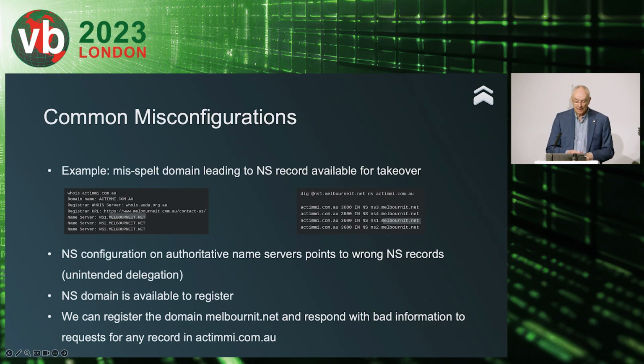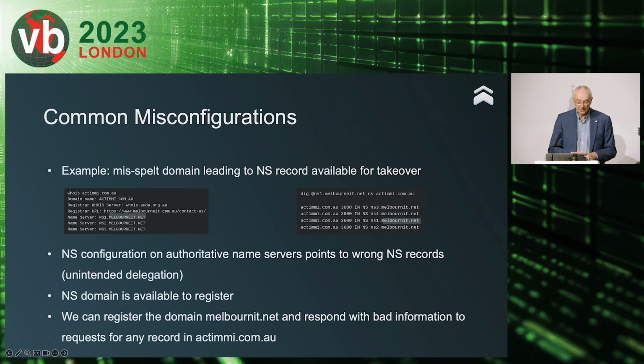It's actually actimi.com.au, because that's using those name servers as host for their domain zone. So name resolution traffic for actimi.com.au is very likely to end up on our fake name servers, very quickly.